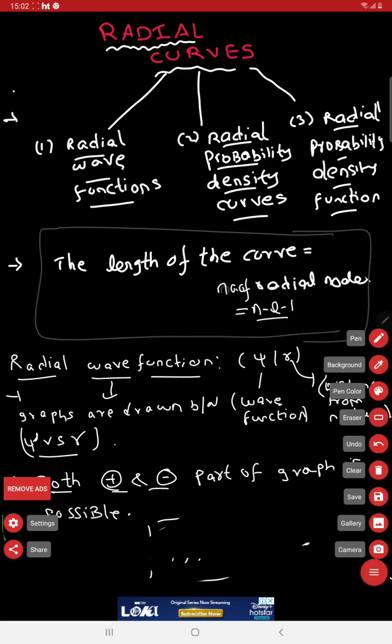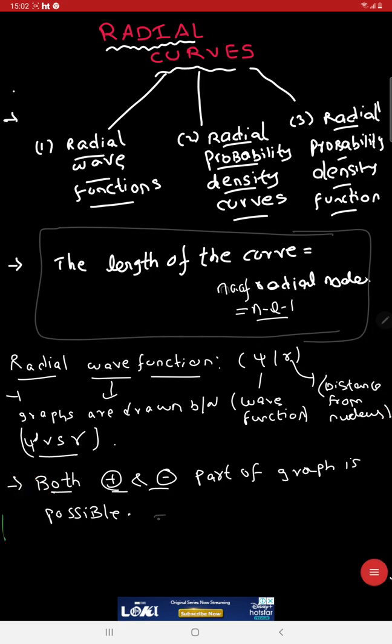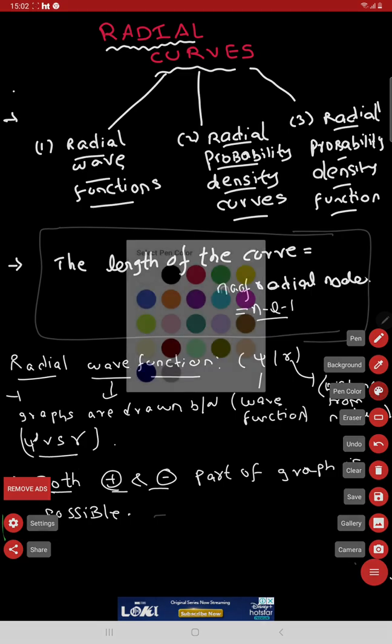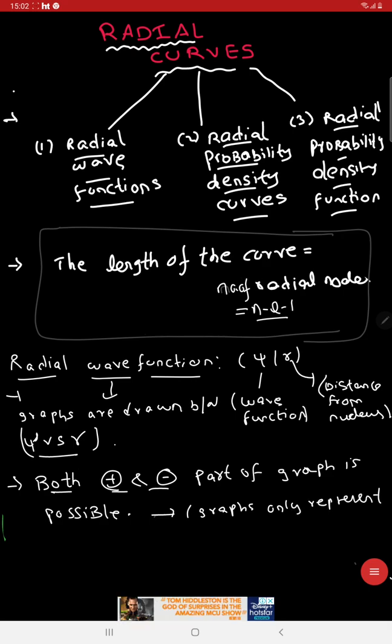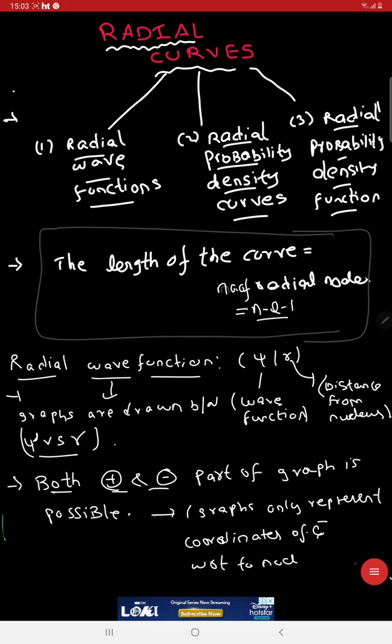One more point I need to tell you simply, that these graphs only represent the coordinate of the electron with respect to the nucleus of the atom.